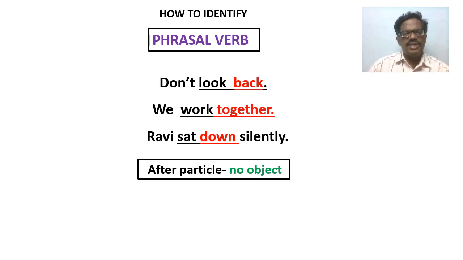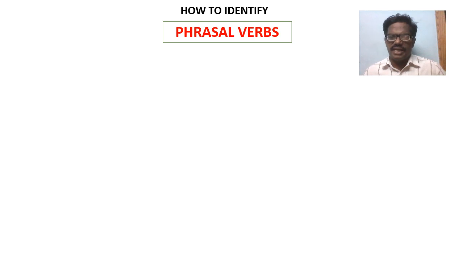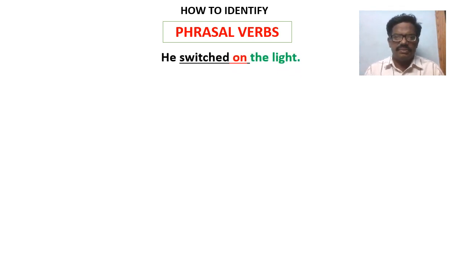Right, now let us see how to identify the same first kind of multi-word verb, that is the phrasal verb, when it has an object after it. Look at the example. He switched on the light.